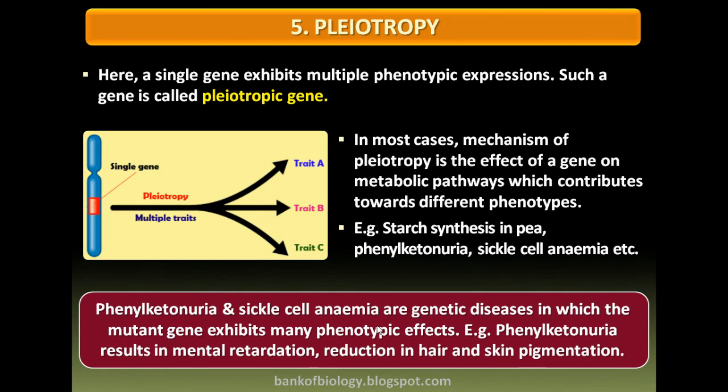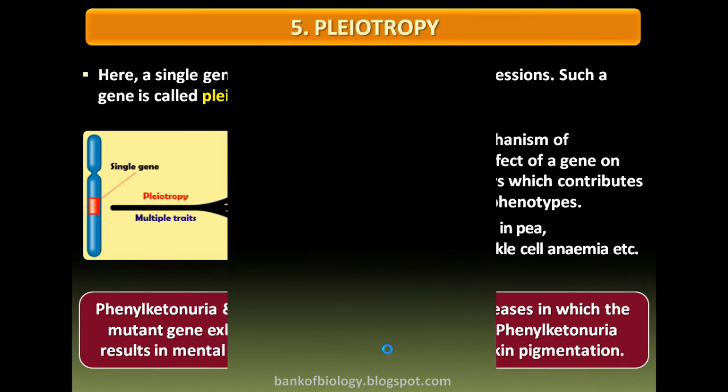In this, the mutant gene exhibits many phenotypic effects, such as in phenylketonuria, we have mental retardation and reduction in hair and skin pigmentation.